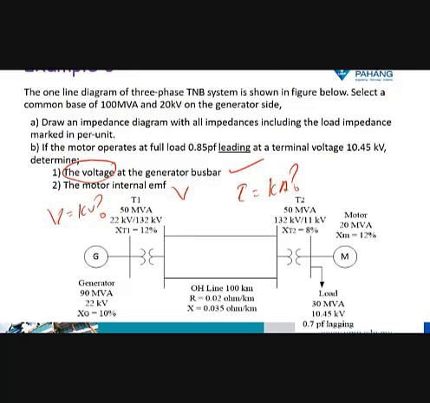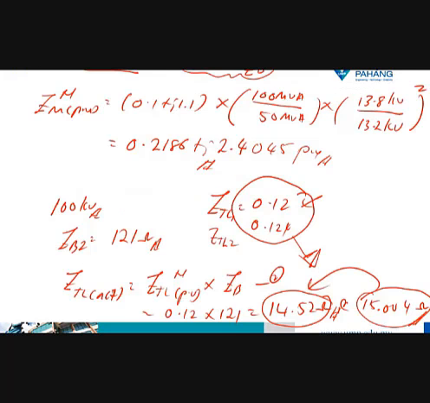When we convert the per unit value back to the actual value, we get a very significant difference between both values, with 4 decimal places as compared to only 2 or 3 decimal places. That's why I always stress to my students that we use 4 decimal places in our calculation.